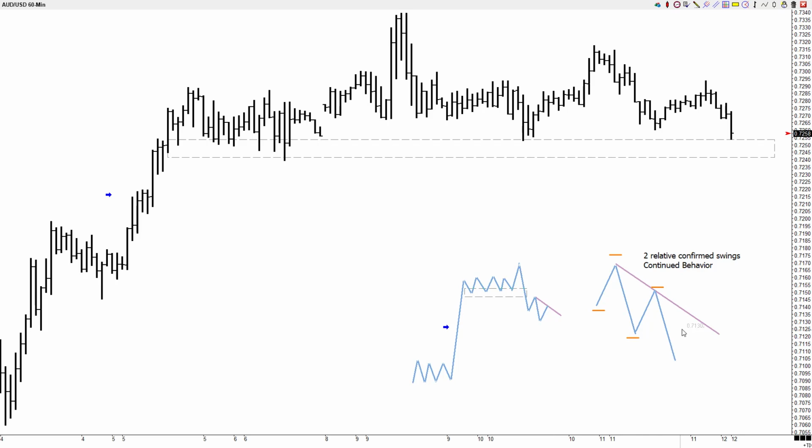So it's what is. So it's two relative confirmed swings. That's what they're doing until they're not doing it. So as we reach into this gap on the left, we just follow it. And if it breaks that, guess what? It's not doing that anymore.